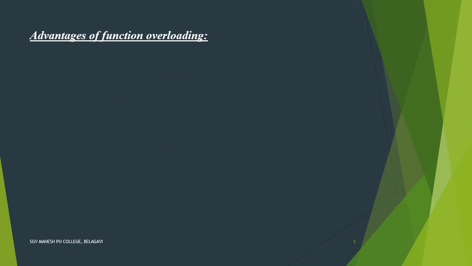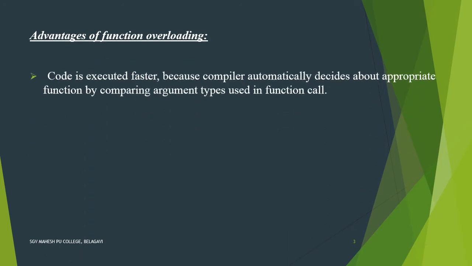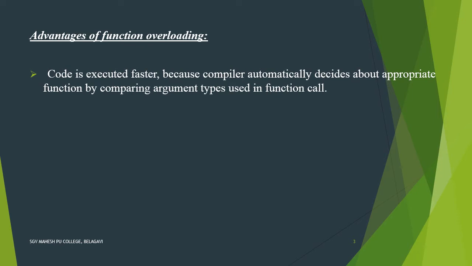Next we'll see what are the advantages of function overloading. Now as you can see, we are writing similar functions with different number of arguments. So by writing in this fashion, the code becomes faster for compilation as well as for execution. Why does it become faster?